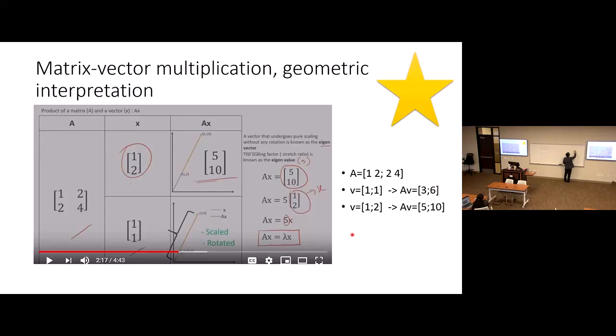The square matrix in our case is 1, 2, 2, 4.